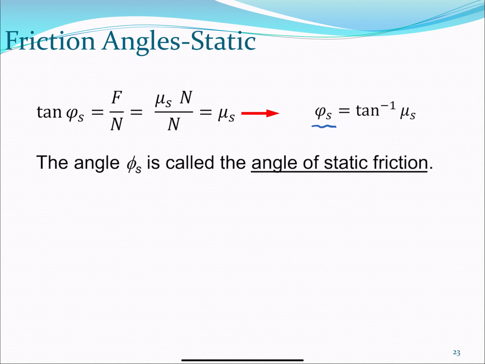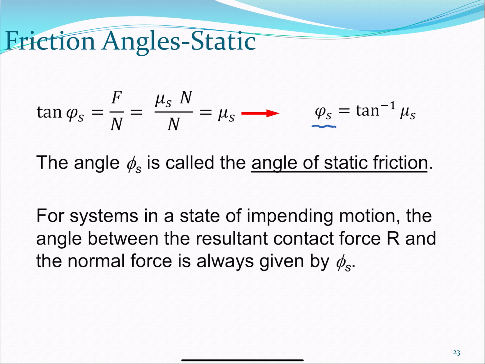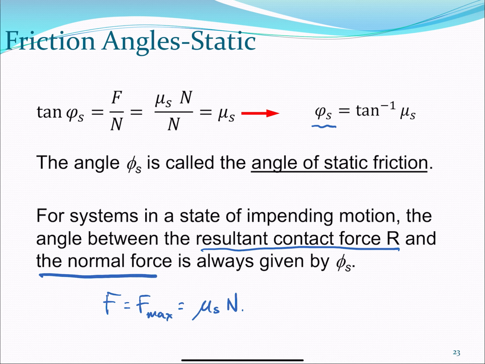And for systems with impending motion, when they are about to move, we can define F as F max equal to mu s times the normal force. In those cases, the angle between the resultant contact force R and the normal force N is always given by the angle of static friction.